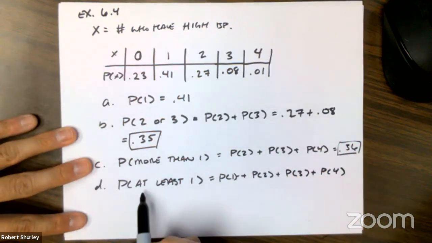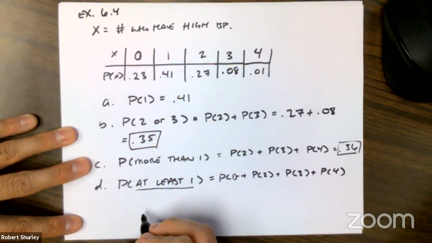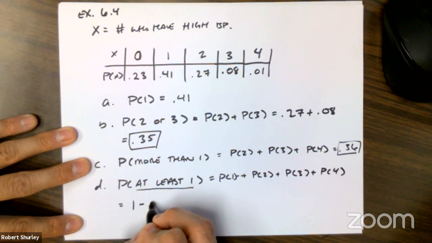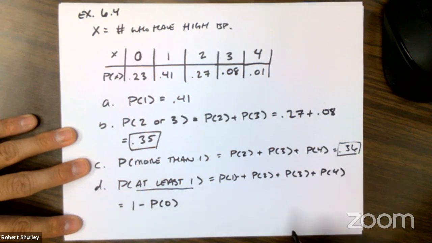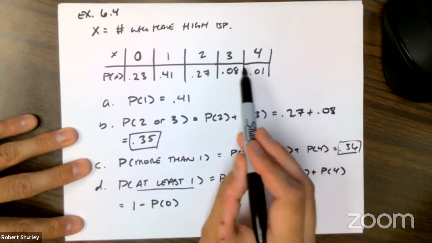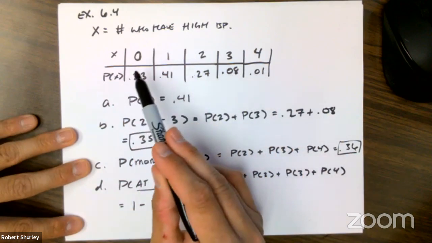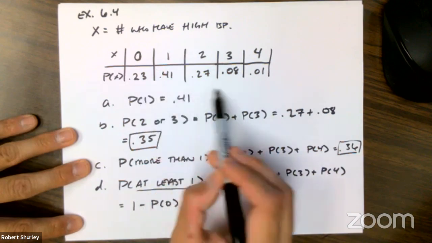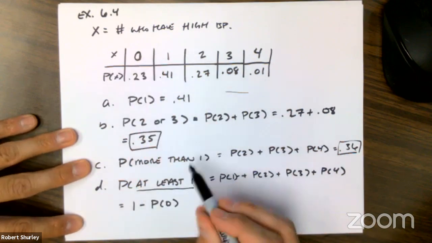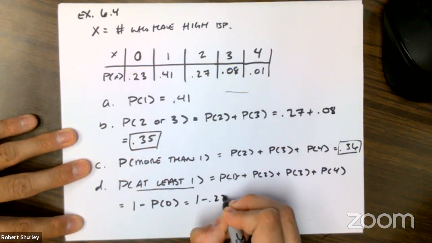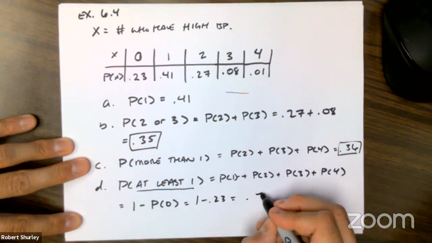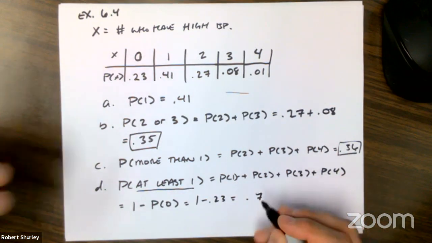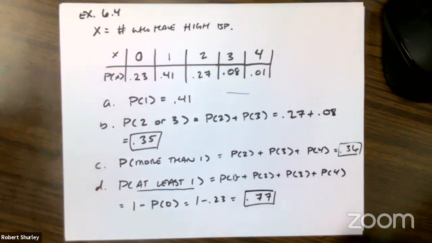But I want you to get in the habit where if it's at least 1, that's the same as saying 1 minus the probability of 0. We know all of these add up to 1, so I could just say 1 minus 0.23, which is 0.77. That's a good example.